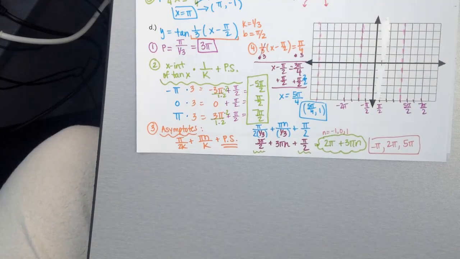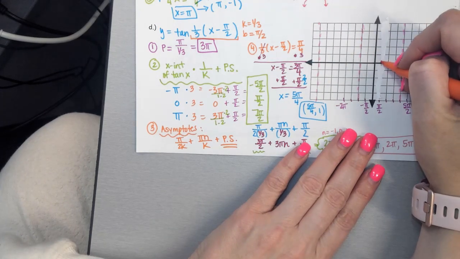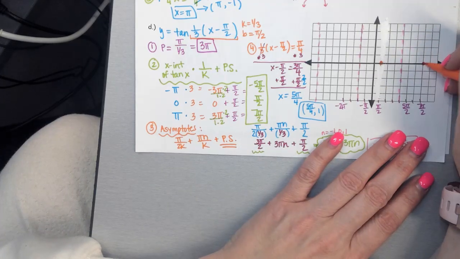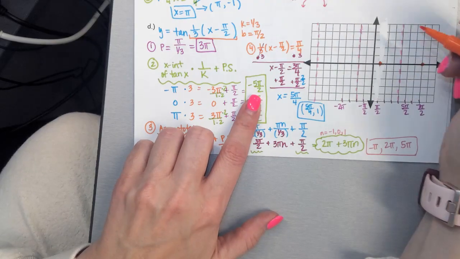And then for your intercepts, at pi over 2, at 7 pi over 2, and at negative 5 pi over 2.